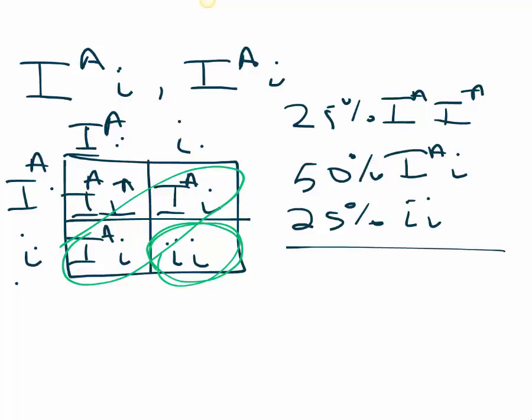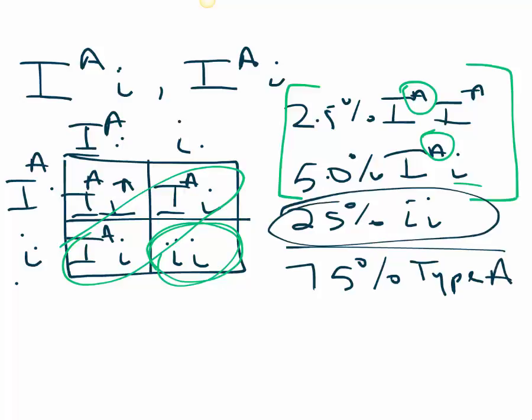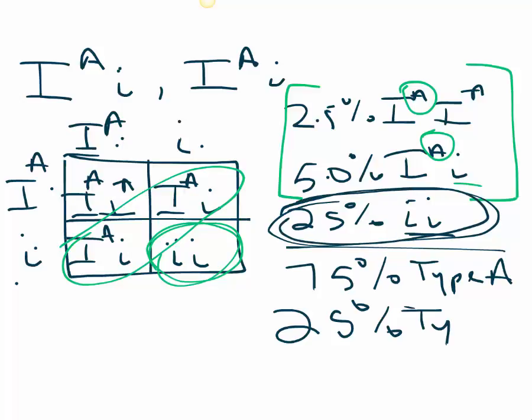So my phenotypes then for this combination of alleles, I can say that these two allele combinations both contain the dominant A allele, and this is recessive, so 25% plus 50%, 75%, are going to be type A, and this group here has the two little i's, so 25% are going to be type O blood.